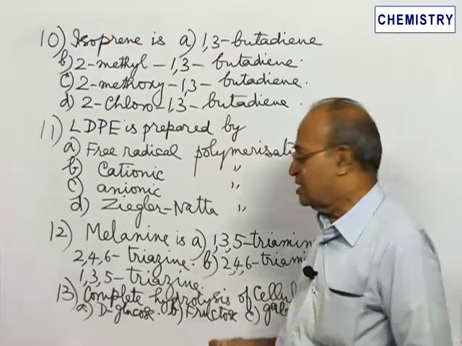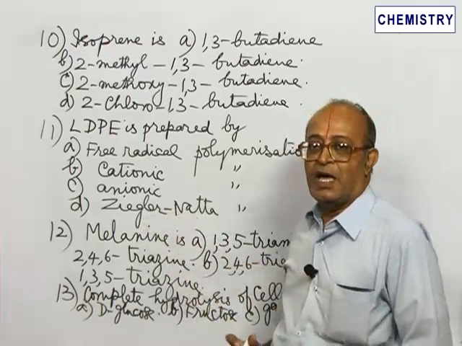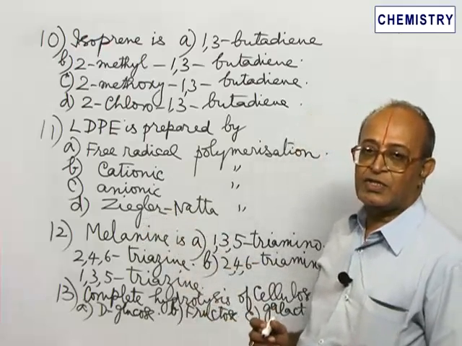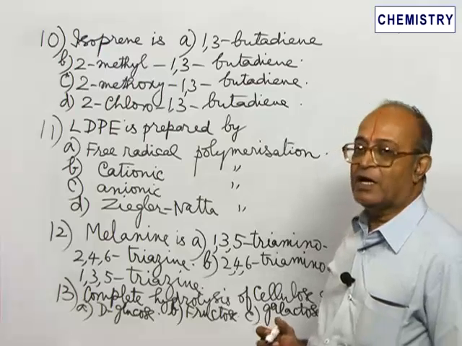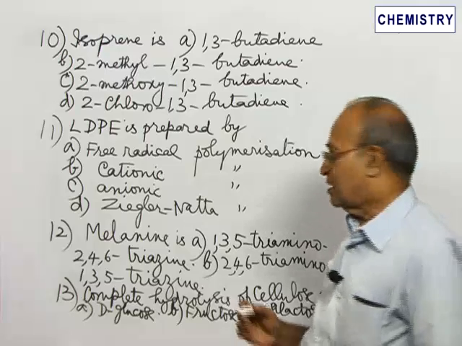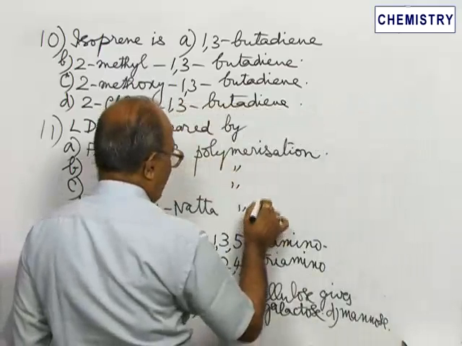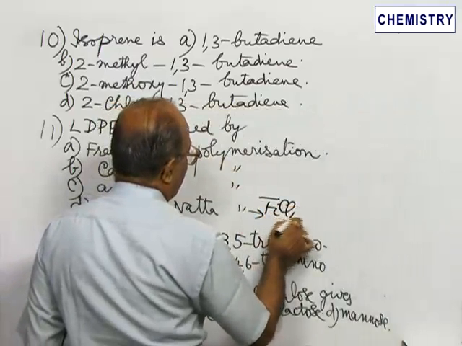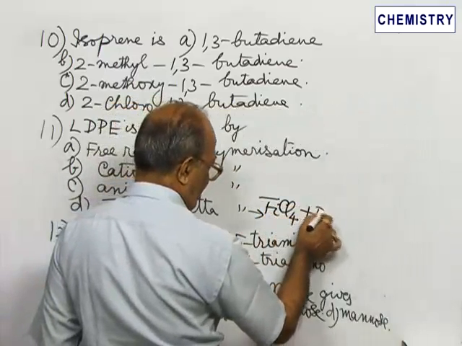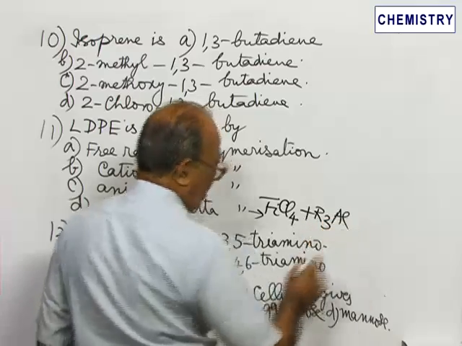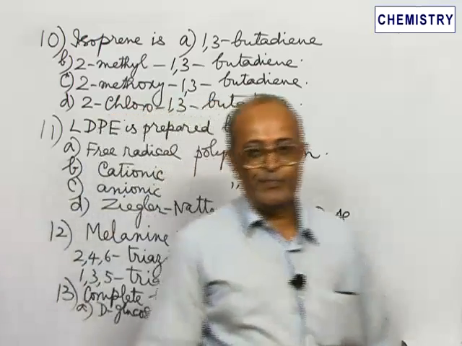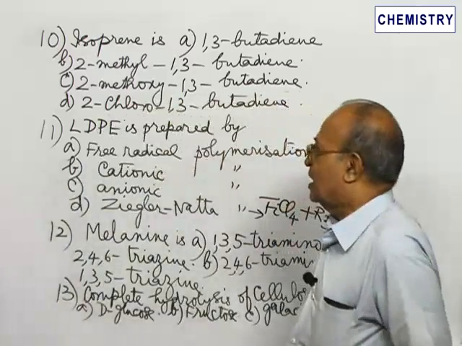Ziegler-Natta polymerization, the names of the scientists, a catalyst is used, Ziegler-Natta catalyst. Ziegler-Natta catalyst is TiCl4 containing trialkyl aluminum. This is Ziegler-Natta catalyst.